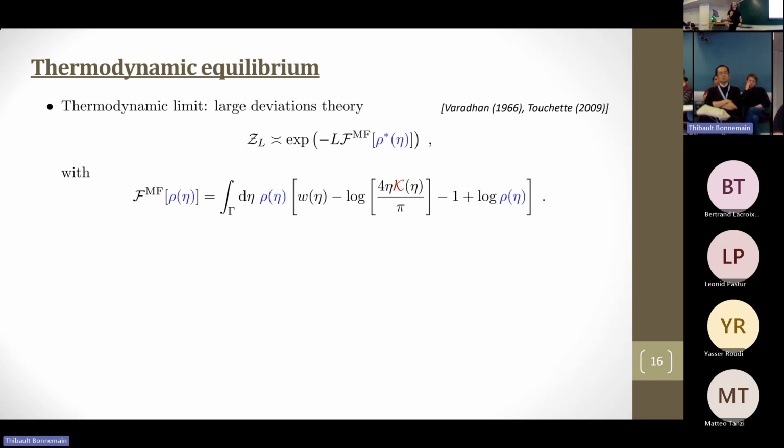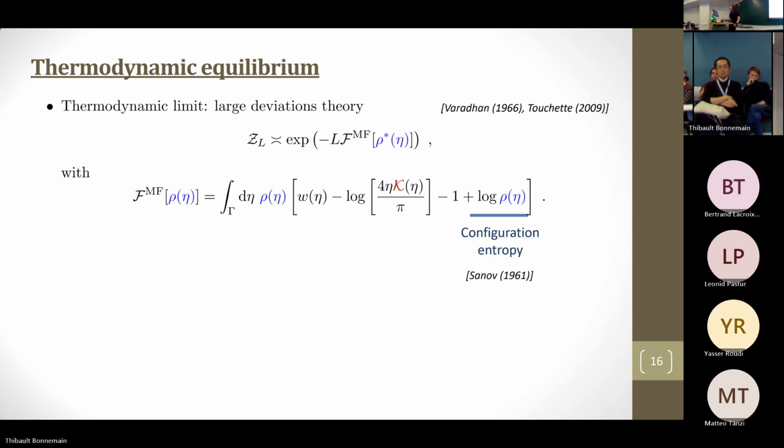This kind of work was pioneered by Boltzmann in the 60s, but for a more recent review on large deviation theory and how it applies to statistical mechanics, I would refer you to Touchette's paper from 2009.